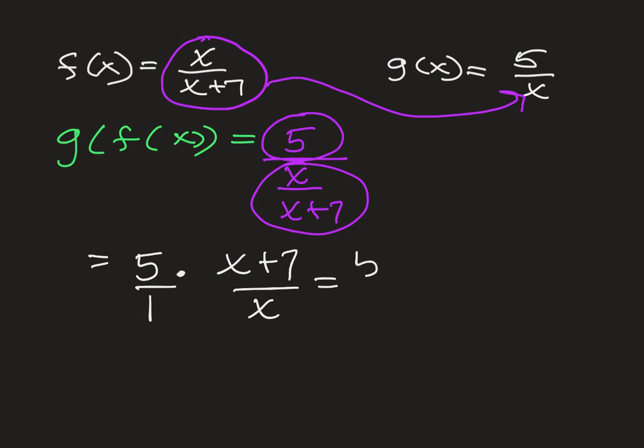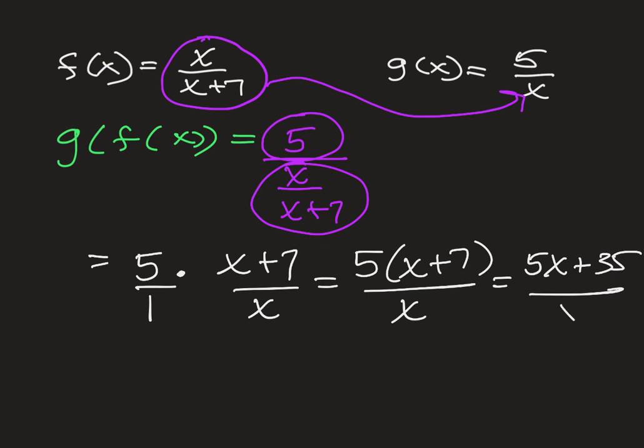So I have a couple different ways I can write it. I could keep it like this. Or if I want to distribute, I can write it as 5x plus 35 over x. Either one of those should be okay, and that would be my g of f of x equals either one of those.